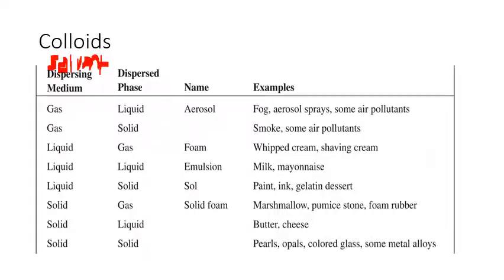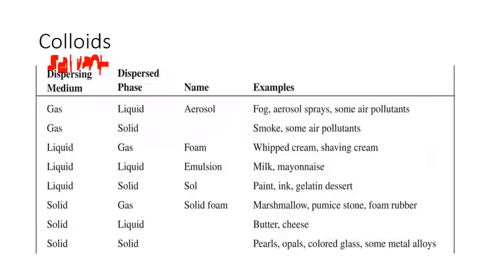We can have a gas solvent with a liquid dissolved in it, and that's things like fog. If you're driving around on a foggy night or morning, the air has little drops of water in it. That's an aerosol type system. It's got drops of water dissolved in a large gas.